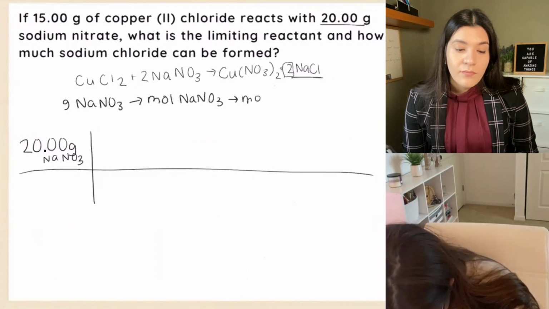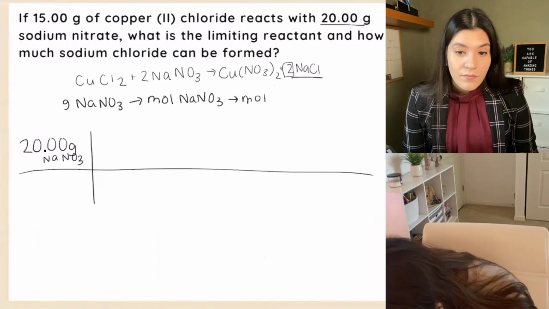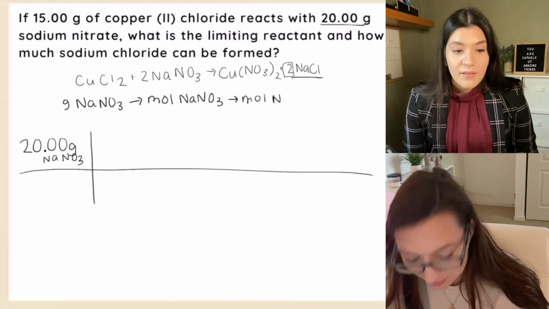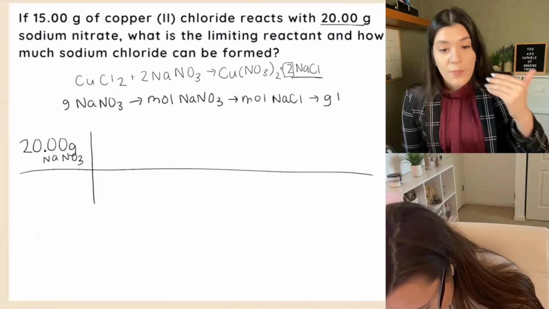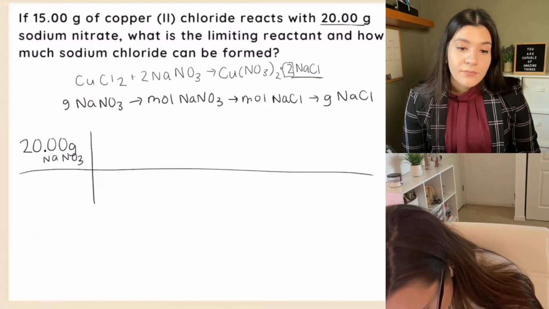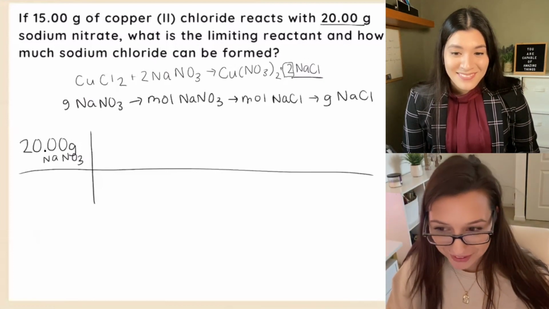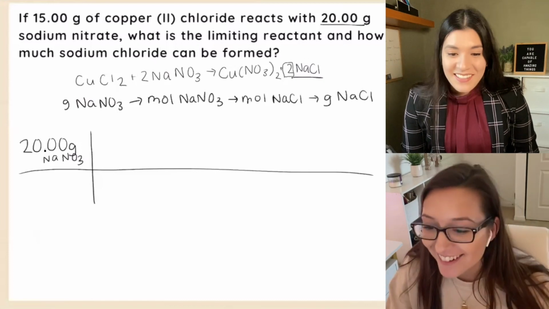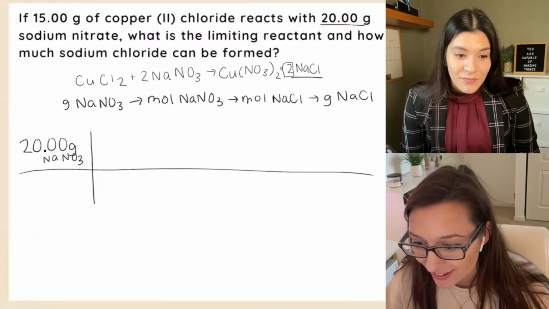To moles of the NaCl, the product. Grams of reactant, moles of product, grams of product. Finally, starting to make a little bit of sense to me. The more you do this, the more it's going to click.